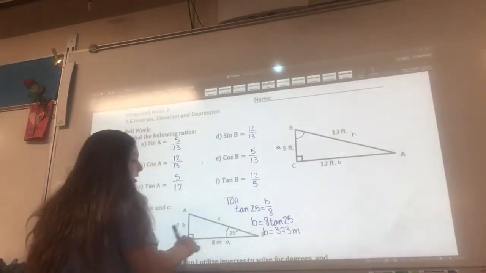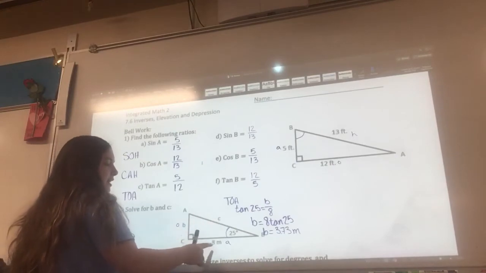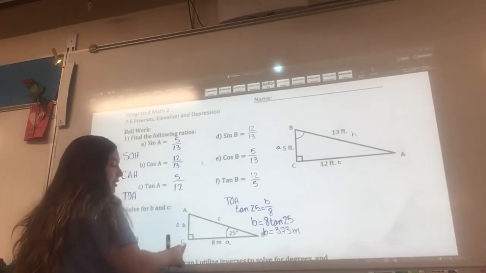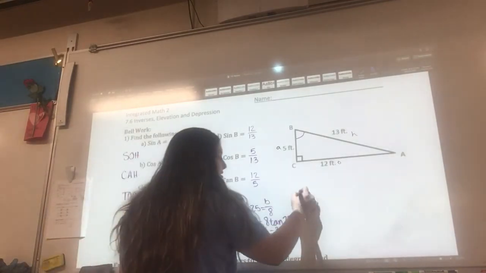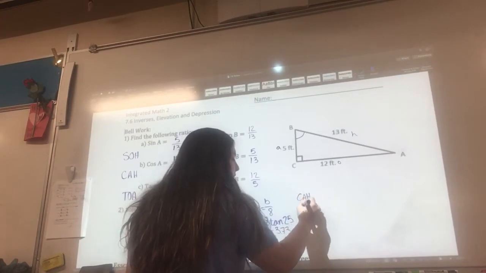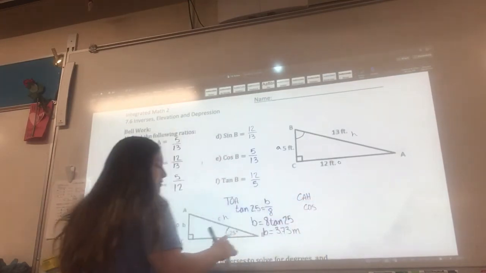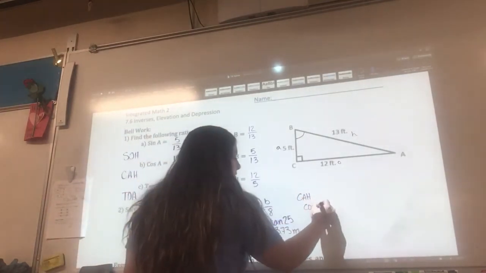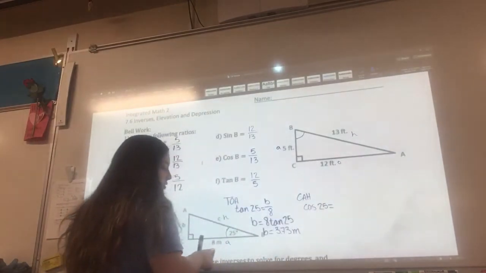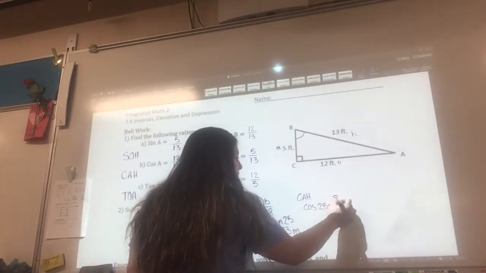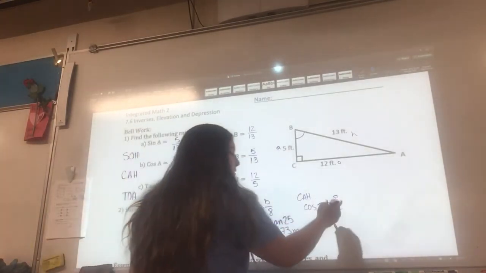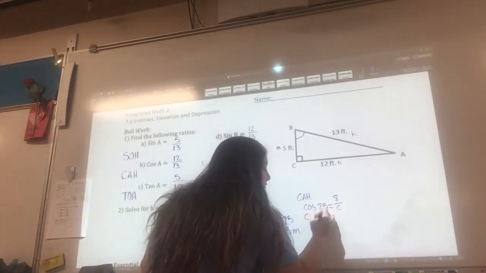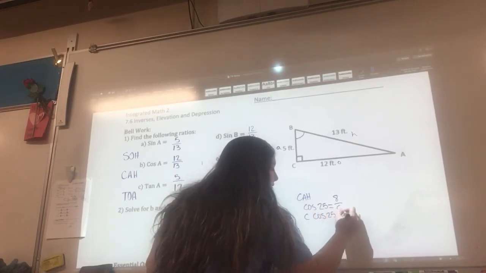Our last one we need to find is C, and because it's across from our 90, it is our hypotenuse. We are given our adjacent, so we have AH, which is CAH. So we're using cosine. Cosine of 25 equals adjacent 8 over our unknown hypotenuse C. We're going to cross multiply and see that C cosine of 25 equals 8.